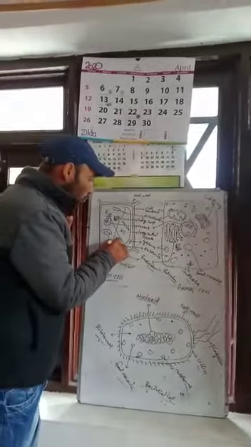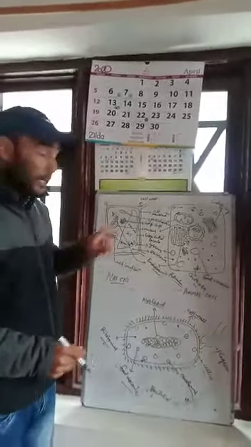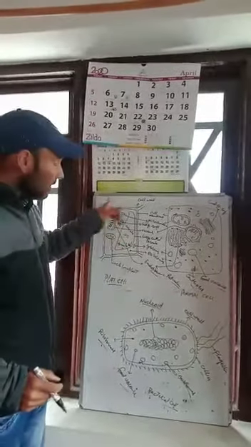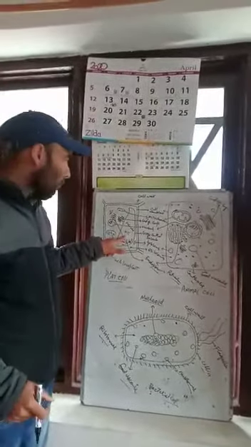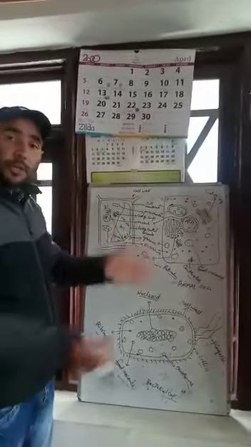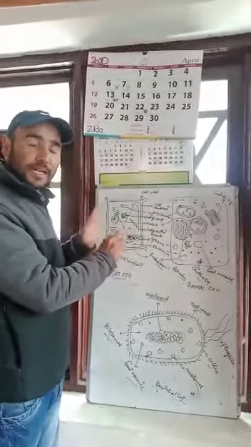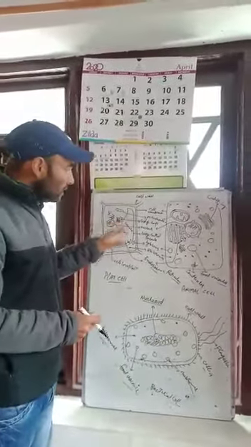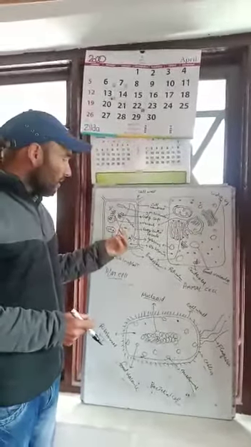Tonoplast. And mind it, 70% of the plant cell's cytoplasm is occupied by this large central vacuole. Now, the nucleus is shifted towards one side of the cell, towards the periphery, because the maximum portion of the cytoplasm is occupied by the central vacuole.